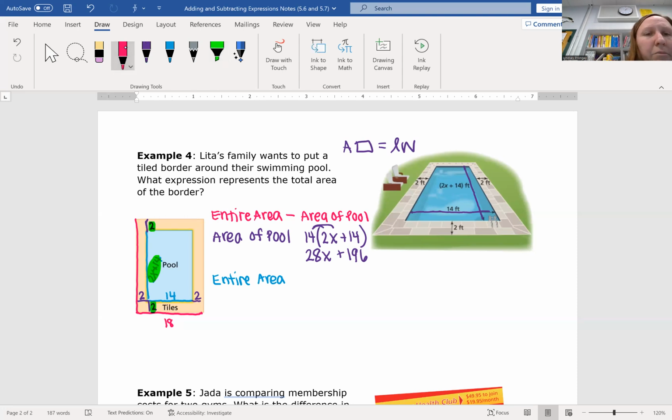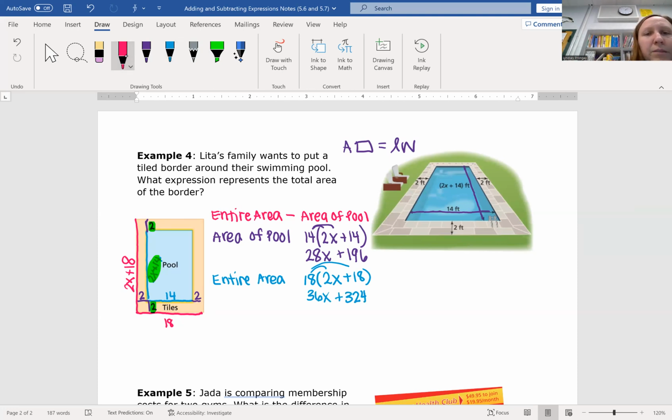We can't do anything with the 2x, but we can put all of those constants together and get that the length of this area is 2x plus 18. Now the area for that entire area is length times width, so 18 times 2x plus 18. Once again, I'm going to distribute that out and get 36x plus 324.